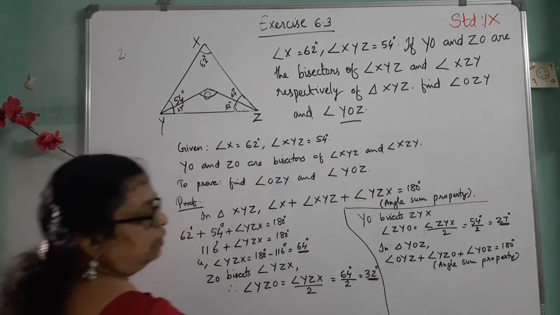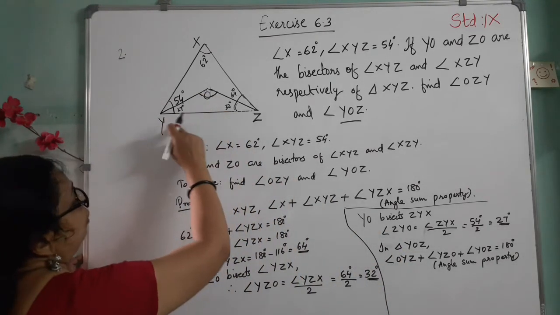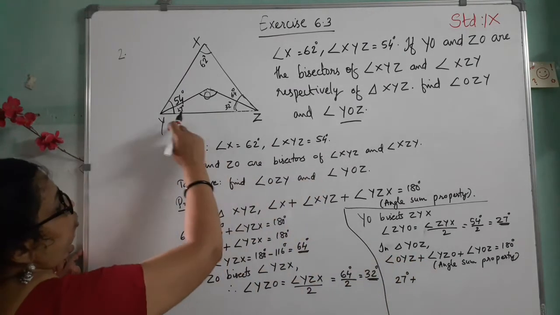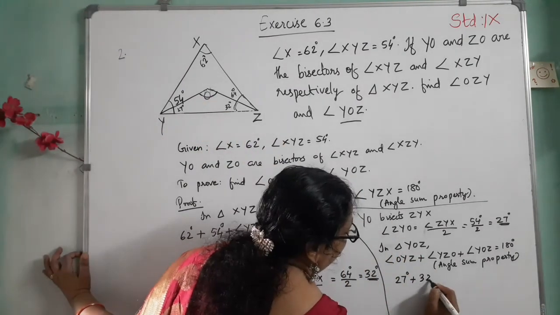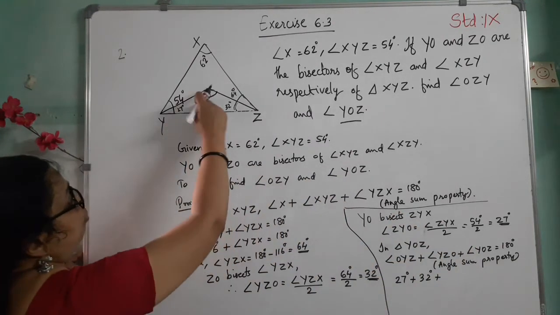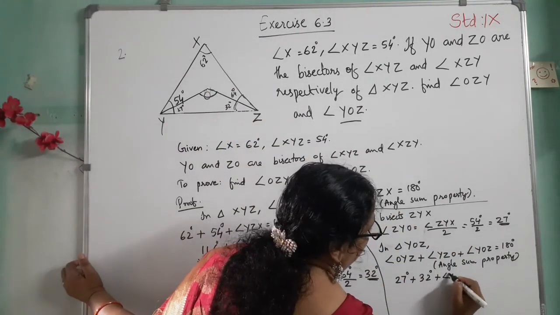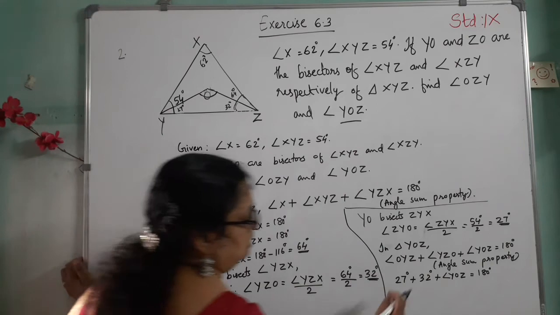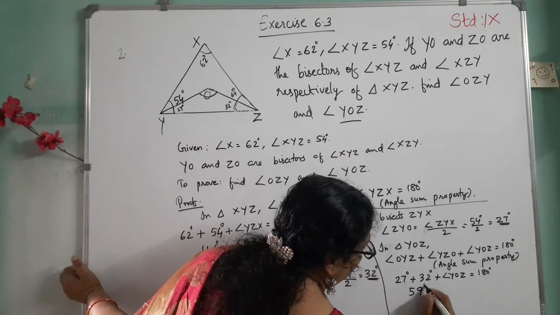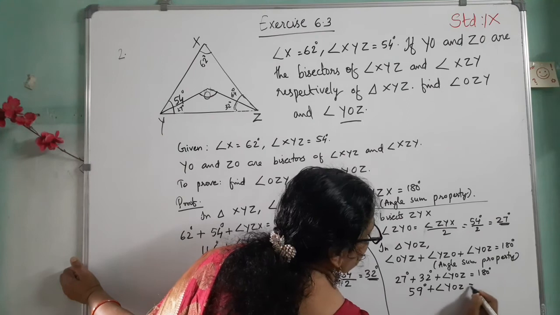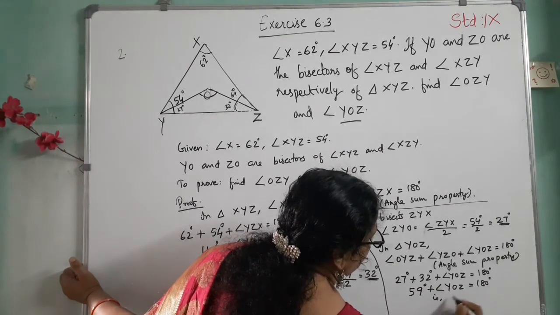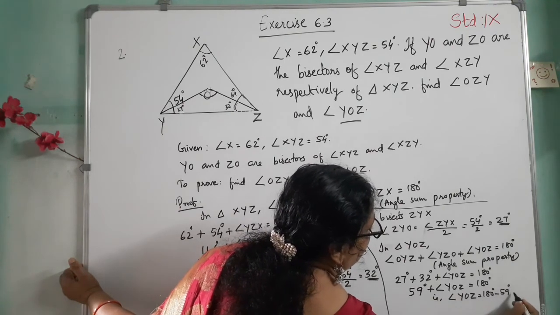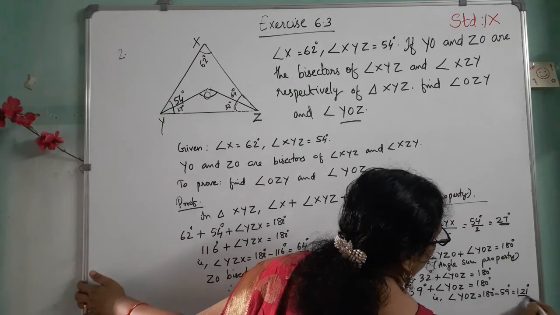Then OYZ is 27 degrees plus YZO is 32 degrees plus angle YOZ, that we want to find out, equal to 180 degrees. Then 32 plus 27, that is 59, plus angle YOZ equal to 180 degrees, that is angle YOZ equal to 180 degrees minus 59 degrees, that is 121 degrees.